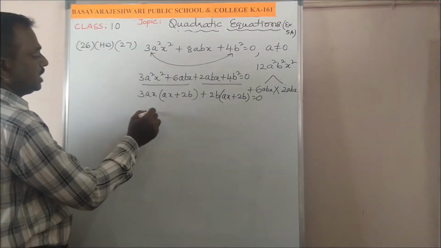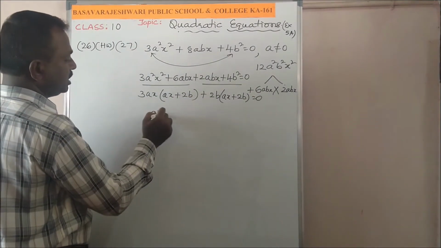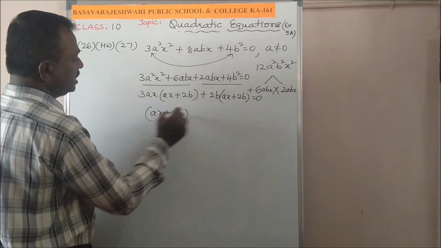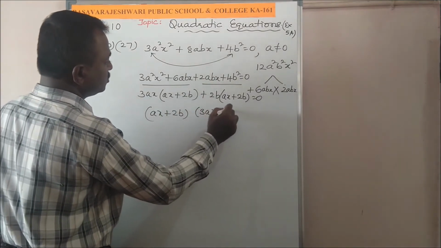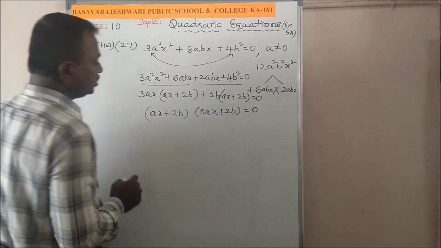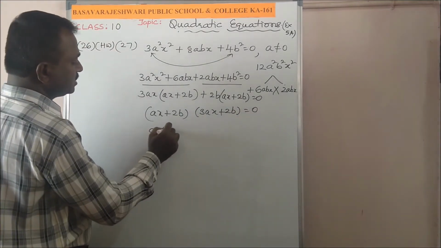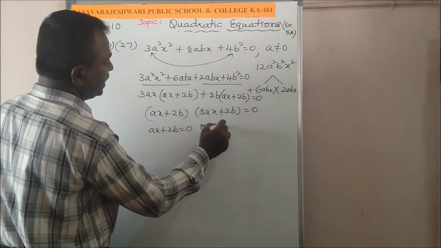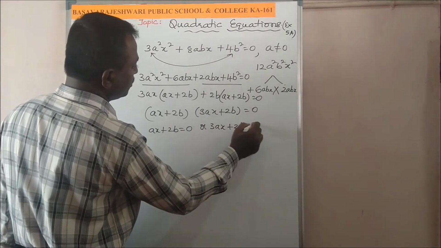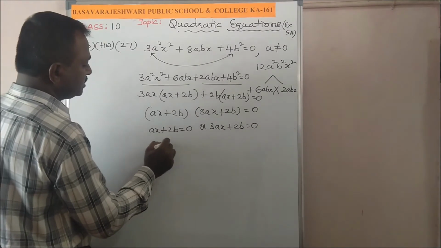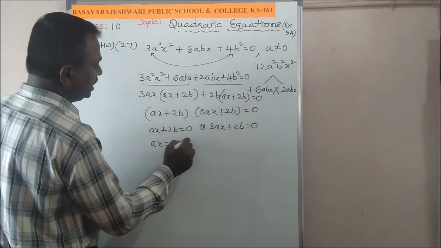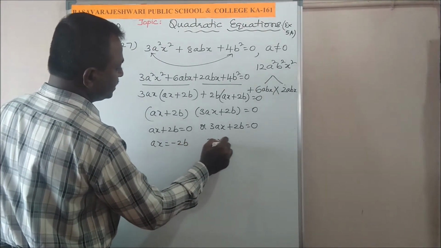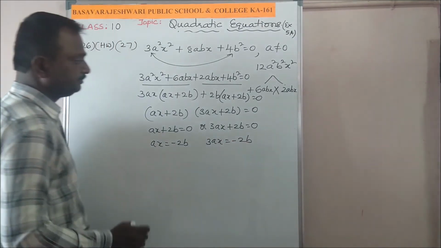So what is the common factor here? Ax plus 2b, one factor. 3ax plus 2b is another factor, is equal to 0. Either ax plus 2b is equal to 0 or 3ax plus 2b is equal to 0. ax is equal to minus 2b or 3ax is equal to minus 2b.